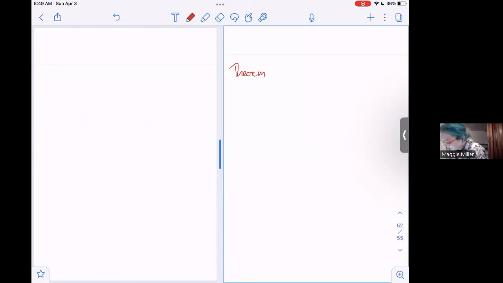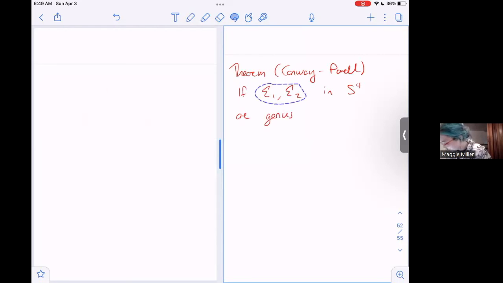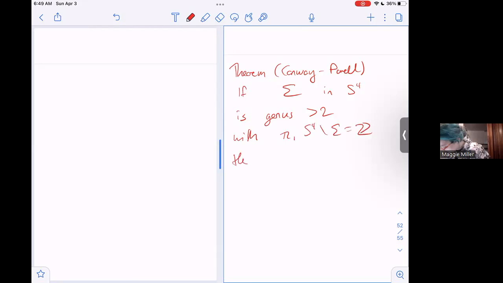So the first is this theorem of Conway and Powell from a year or two ago, where they showed that if sigma in S4 is genus greater than 2, I'll say something about 2, with pi 1 of S4 minus sigma equal to Z, then sigma is unknotted.